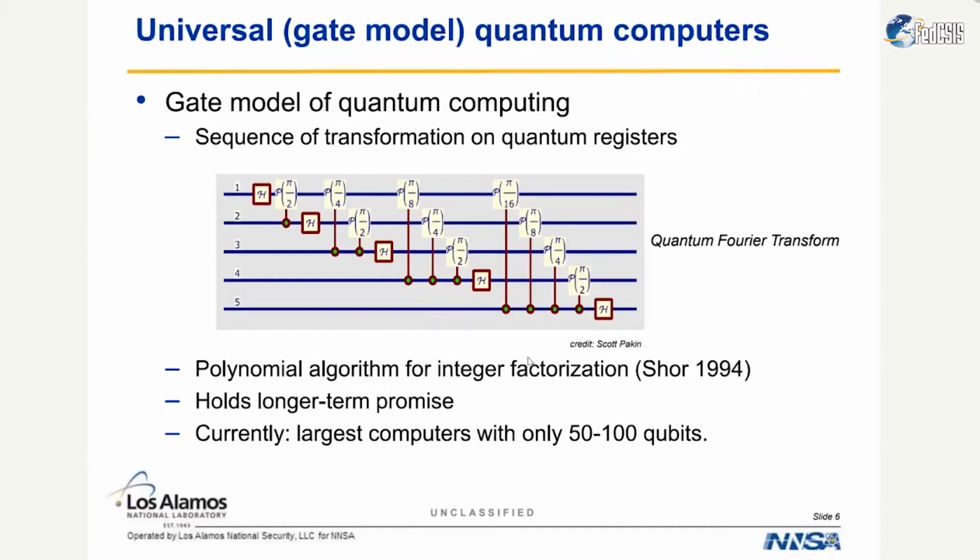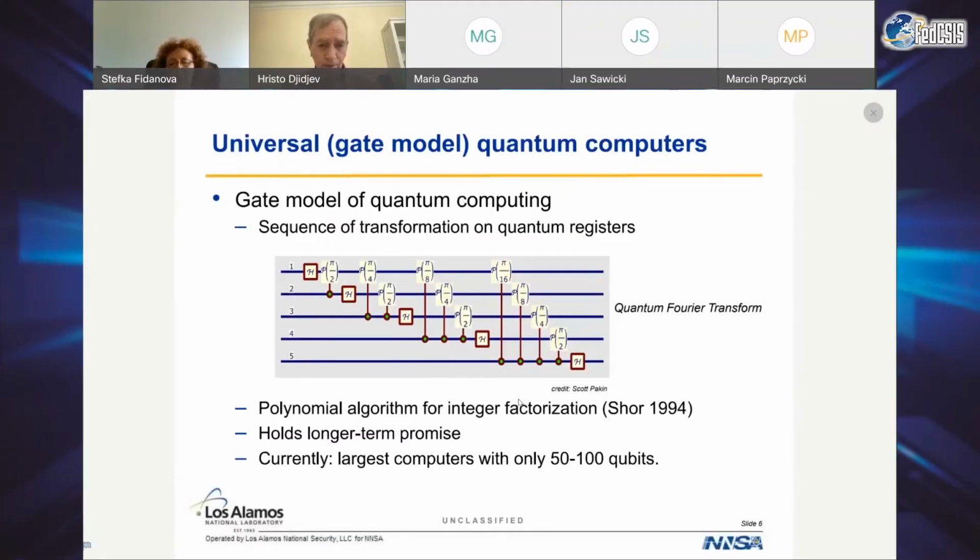Here in this case, we have 5 qubits. And then we have a sequence of transformations on those qubits. You see that each transformation usually takes either 1 or 2 qubits, rarely 3, and never more than 3 qubits. And those are one after the other.